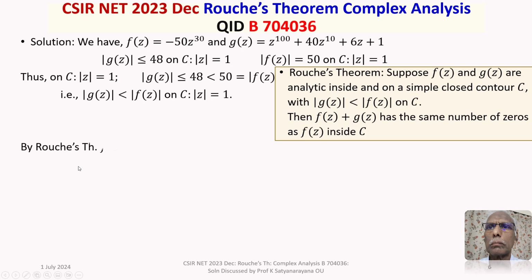So, by Rouche's theorem, f(z) plus g(z) has the same number of zeros as f(z) inside C. We are only talking about the number of zeros, but not the exact zeros of these functions. So, what is f(z) plus g(z)?